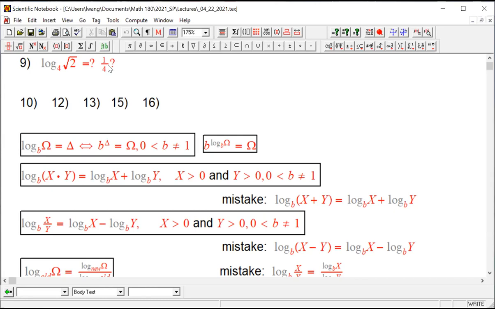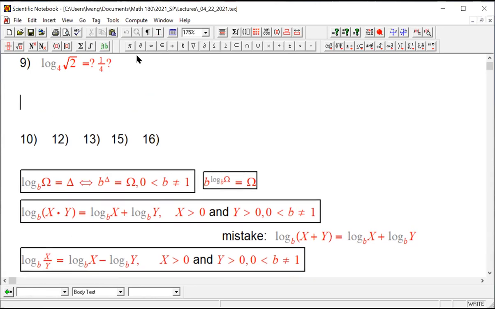I'm not saying yes or no yet. Anybody want to show work? Your work is welcomed. Bring 1, bring 2, bring 4, bring 5, bring 6. Anybody would like to show work?